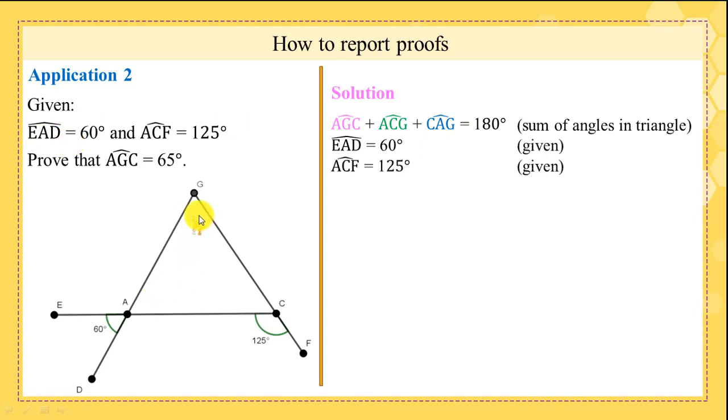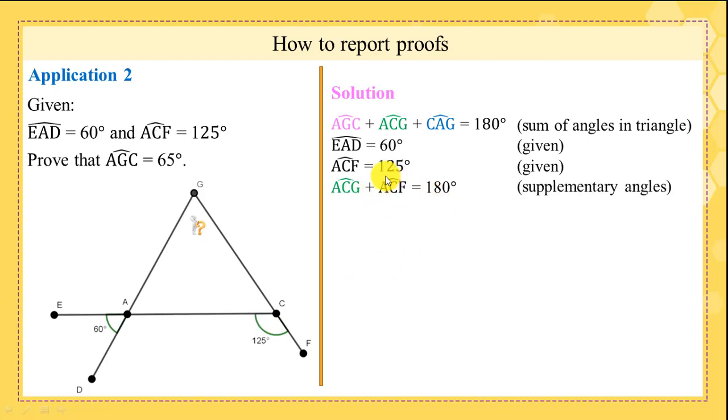Now, how to find angle G? Because we have here a triangle, if we find angle A and angle C, then we can easily find angle G. Let's start by finding angle C, angle GCA. We have here from the figure a straight angle or supplementary angles, so ACG plus ACF equal 180 degrees, supplementary angles.